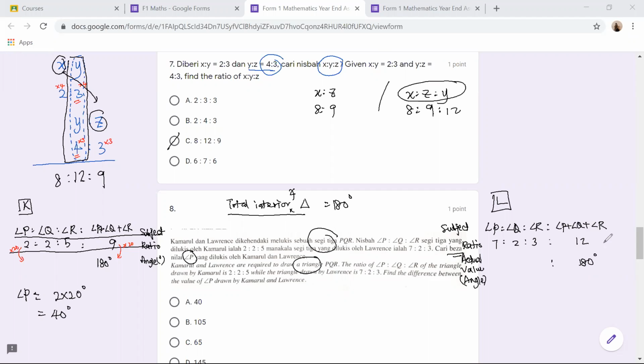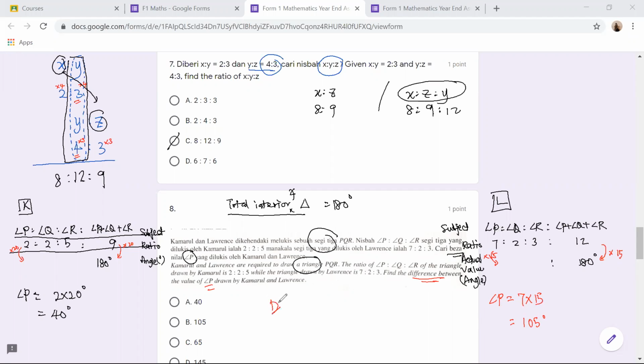Or you just take the calculator, 180 divided by 12. What do we get? 15, yes. We are only interested in angle P, so we take P times 15. Angle P here is 7 times 15, that will be 105.